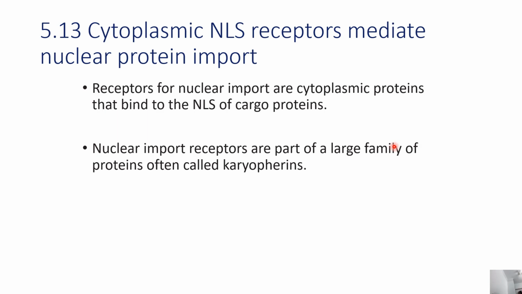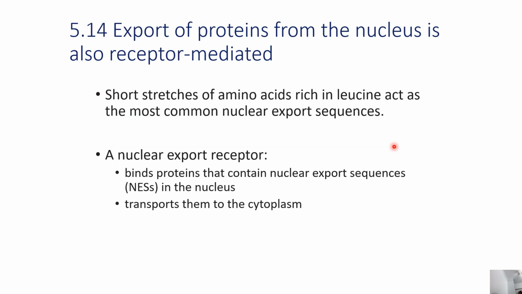The nuclear transport receptors are part of a family of proteins known as karyopherins. Short stretches of amino acids rich in leucine act as nuclear export sequences. A nuclear export receptor binds proteins that contain nuclear export sequences in the nucleus and transfers them to the cytoplasm.